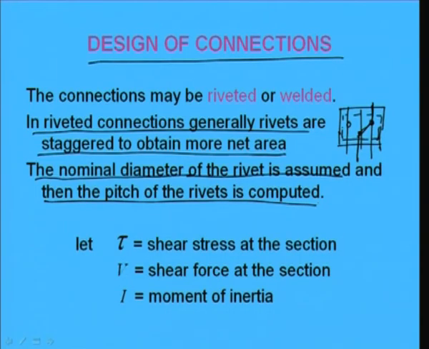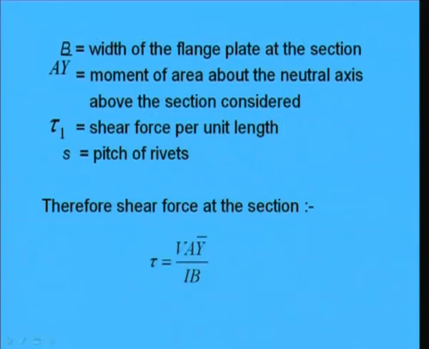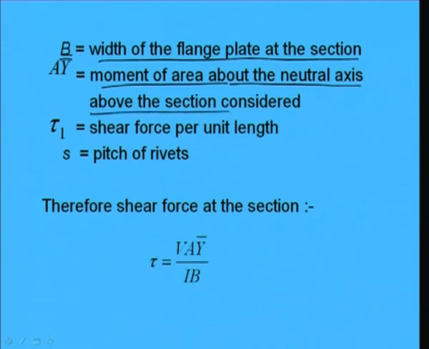Now, to find out the shear stress, let us denote tau as the shear stress at the section, and let us assume V as the shear force at that section and I as the moment of inertia of the whole section, right. And B is the width of the flange plate at the section, and A y bar is the moment of area about the neutral axis above the section considered.